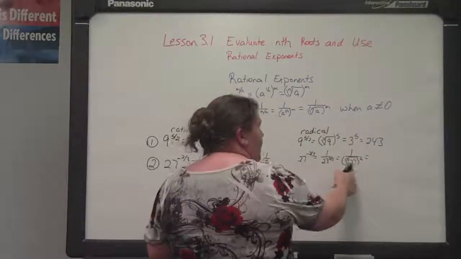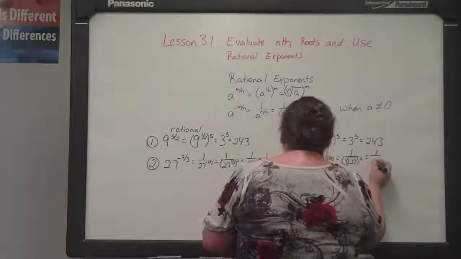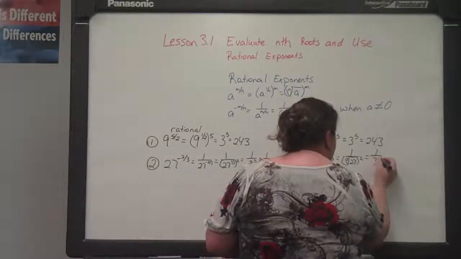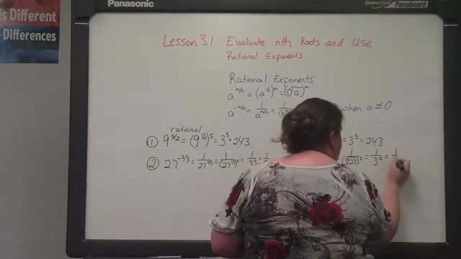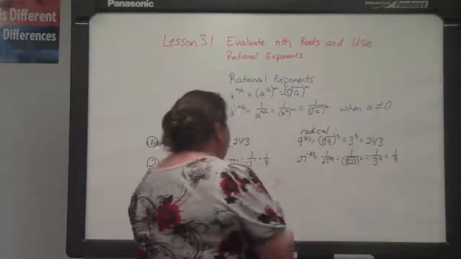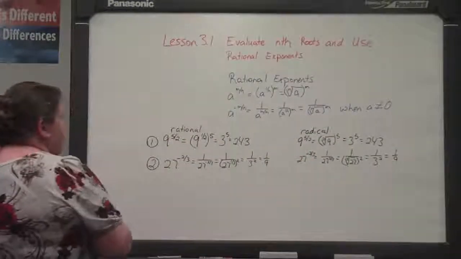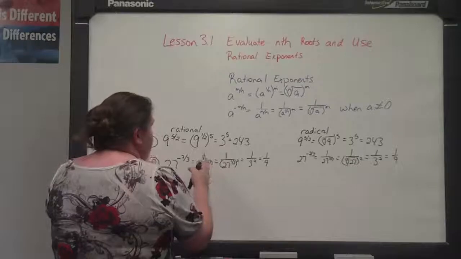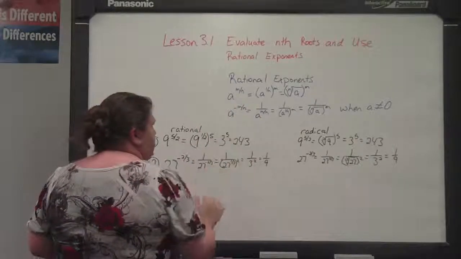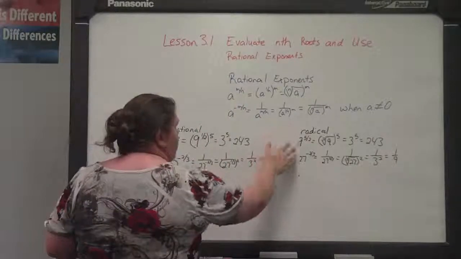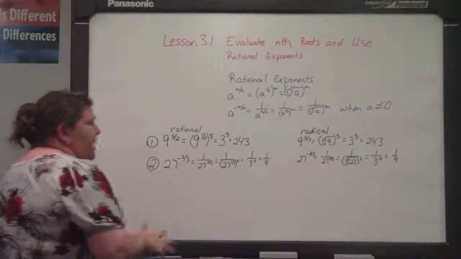The cube root of 27 is 3. So 3 squared, and again it gives you 9. So you have just seen how to use rational exponents to solve, or the radical form. You can choose either method.